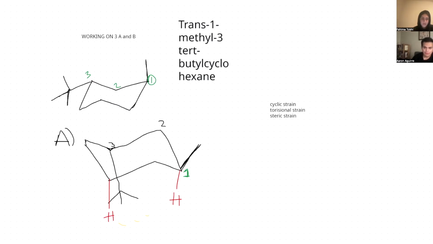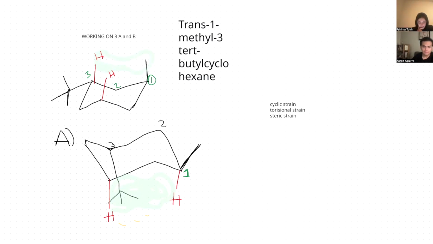These hydrogens are bumping into the tert-butyl group down there. Up here on this one, you have hydrogens here and here. The methyl group is bumping into them, but not as badly as the tert-butyl group. 10 out of 10. Okay, nice.